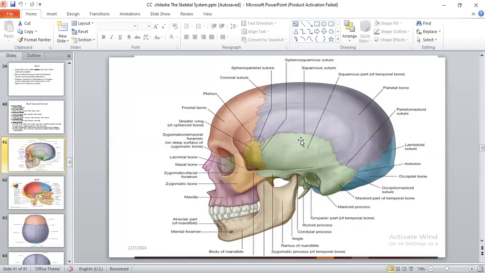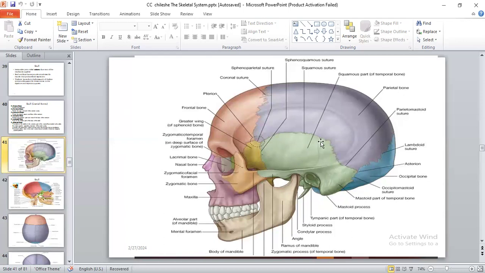It articulates with the parietal bone superiorly. Posteriorly, it articulates with the occipital bone. This is when you are looking at this human being from the side, with the scalp removed.